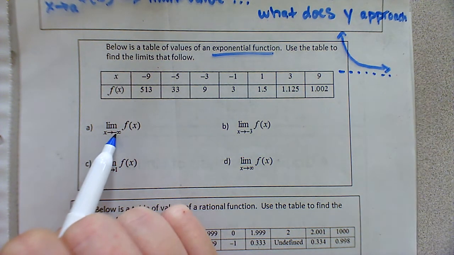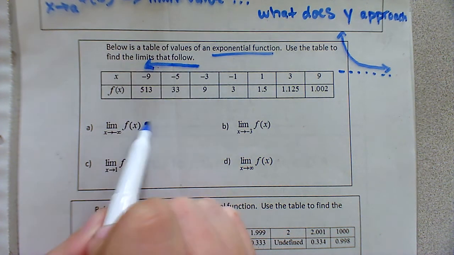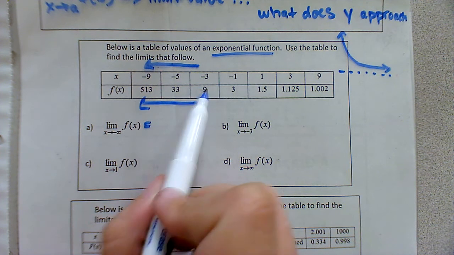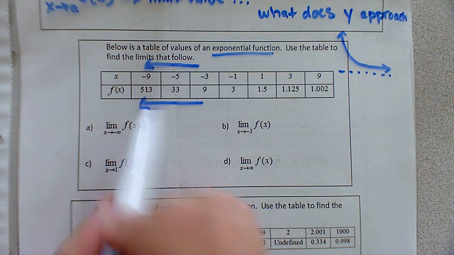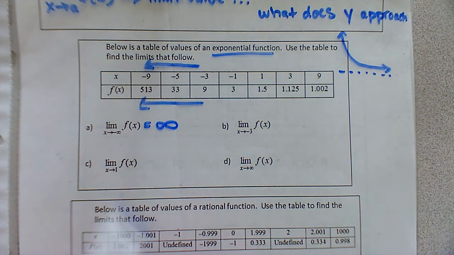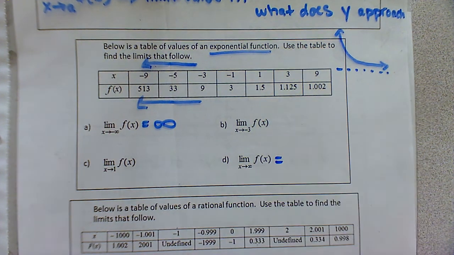As the x's get very, very negative, so as we travel this way on our table, what do the y values approach? Notice how we're moving from 933 to 513. It looks like we're getting increasingly positive, closer to infinity. Let's go ahead and jump down here. Let's try the other side.